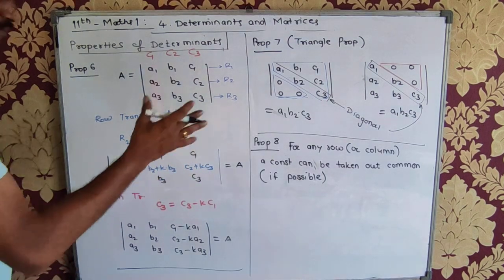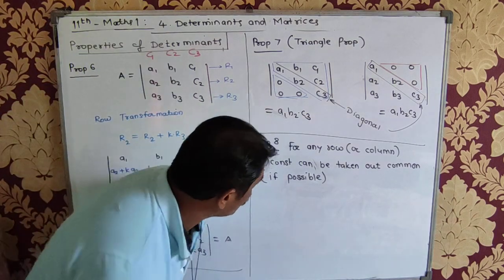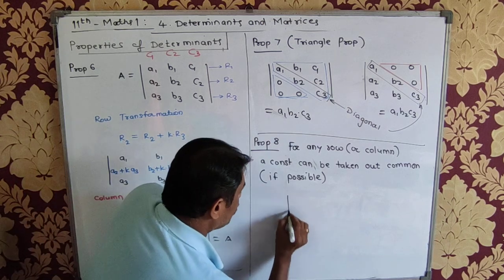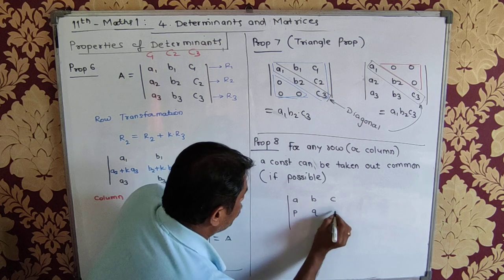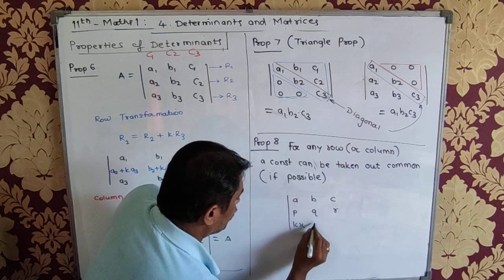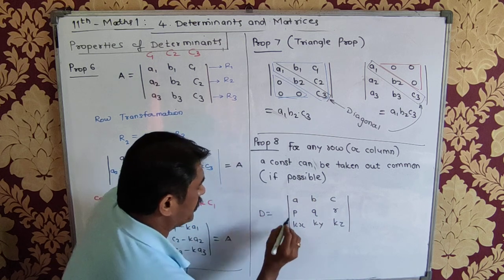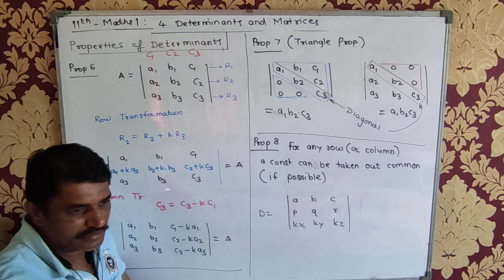Property number 8. This is not given in the book; I am telling you an extra property. For any row or column, a constant can be taken out common if possible. Suppose there is a determinant A, B, C, P, Q, R, Kx, Ky, and Kz. If the determinant is like this, can we take out any constant from there?